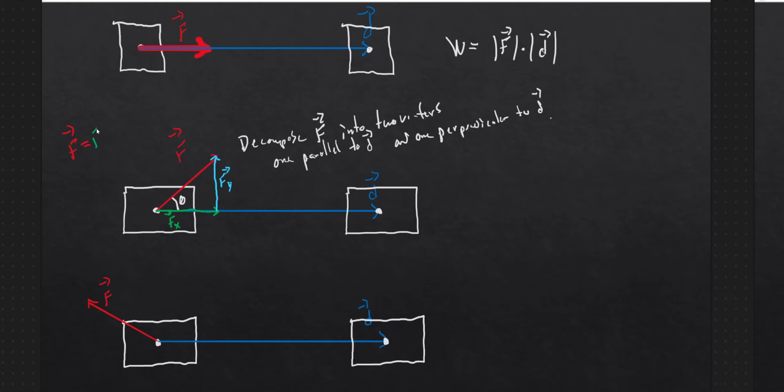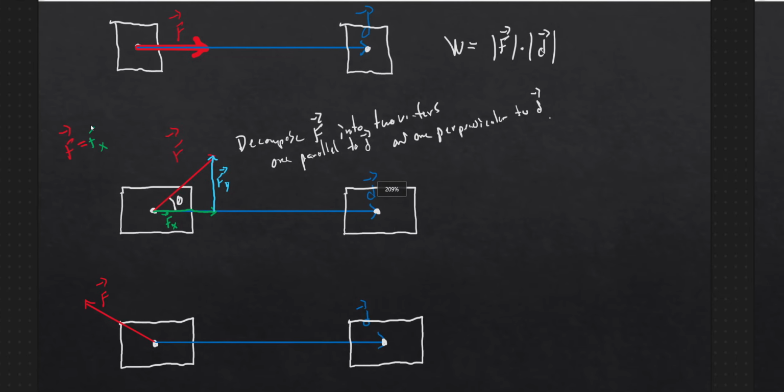So this is Fx plus Fy. And that gives us F. And now we have, so this Fy, this isn't going to do anything. This isn't going to add any work to the situation. This isn't contributing at all.